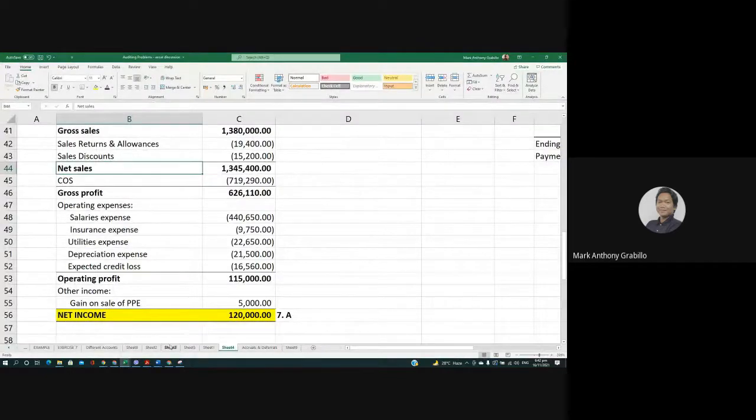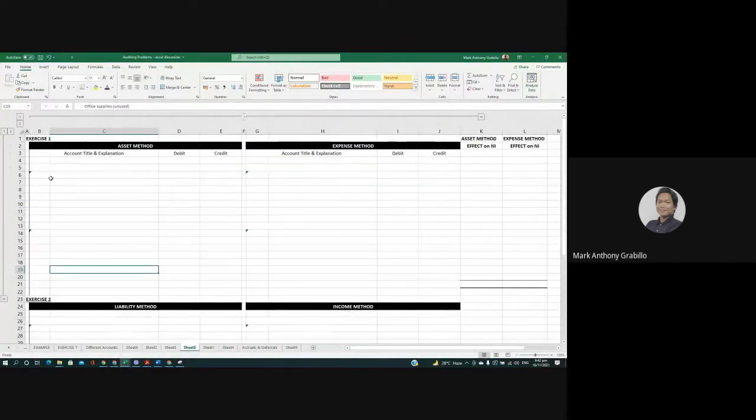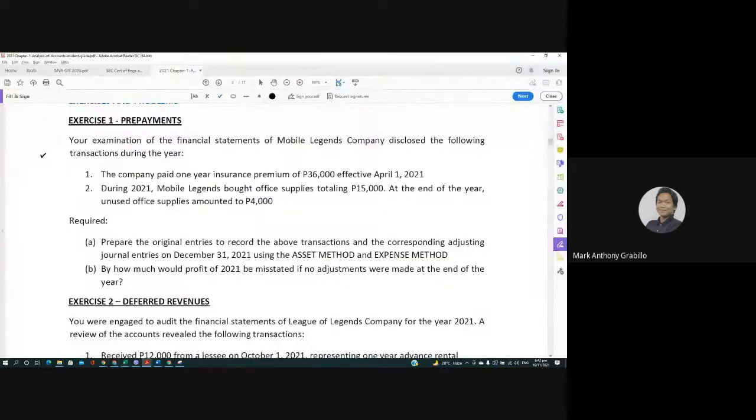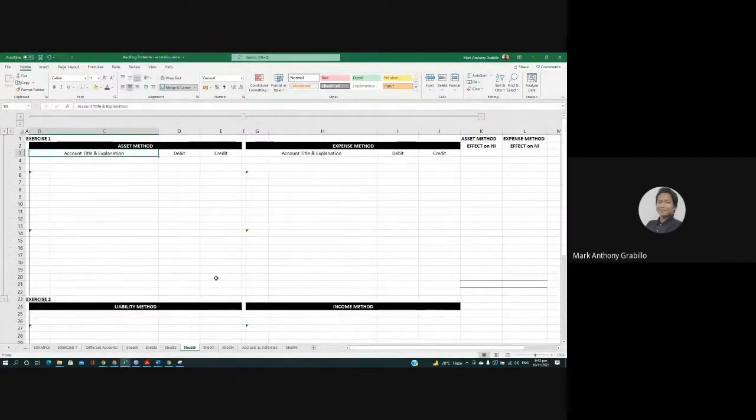Let's try to answer. Ayan, exercise 1. So, ang sabi kasi, mag-record daw using asset method and expense method. When we record expense, dalawang klase yung method na pwede natin gamitin. Asset method or expense method. Kapag asset method, we initially record the transaction as an asset, as if meron siyang benefit doon sa company.